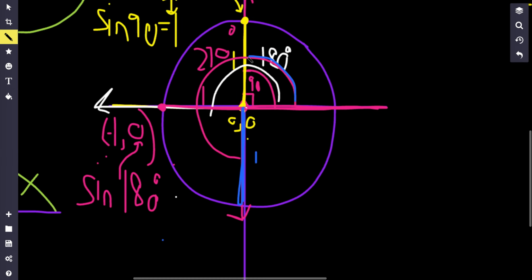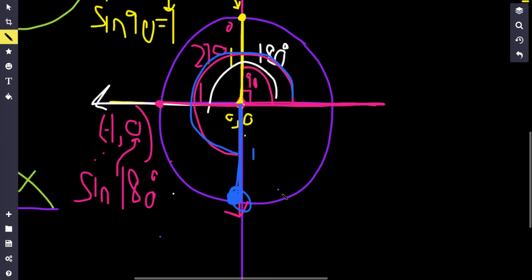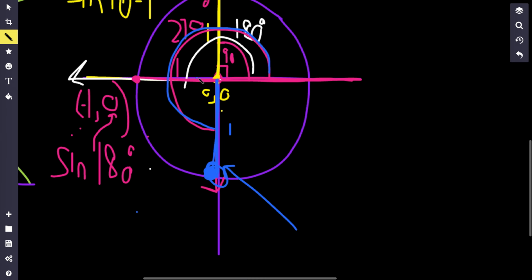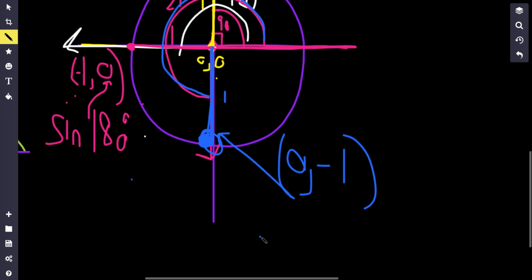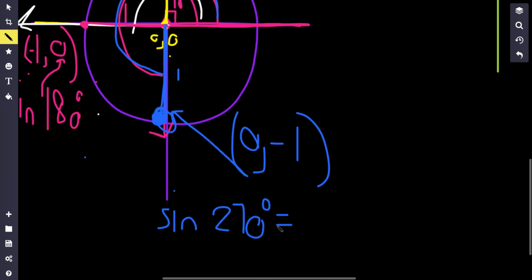And because this is a 270-degree angle, we've gone 1 unit down. So the coordinate of the point where this ray intersects the unit circle is going to be... Well, did the x value change? No. The x value is going to stay at 0, and the y value has gone down by 1, so it's going to be 0, -1. Therefore, sine of 270 degrees is going to be equal to -1.